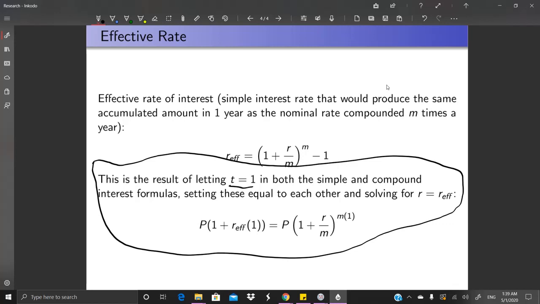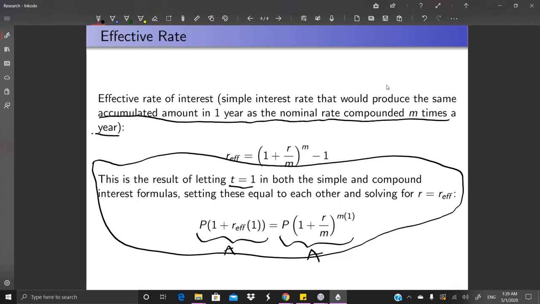Now we want to make sure that the accumulated amount in 1 year is the same as for the nominal rate compounded M times a year. So this accumulated amount right here needs to be the same as this accumulated amount over here.